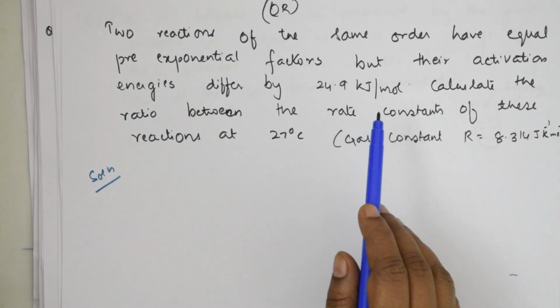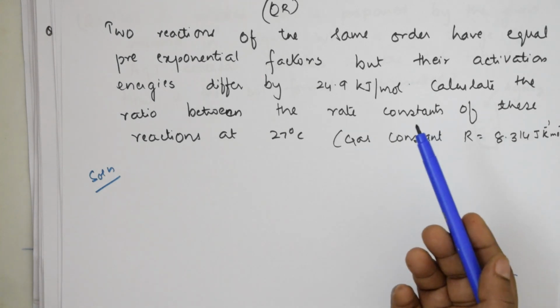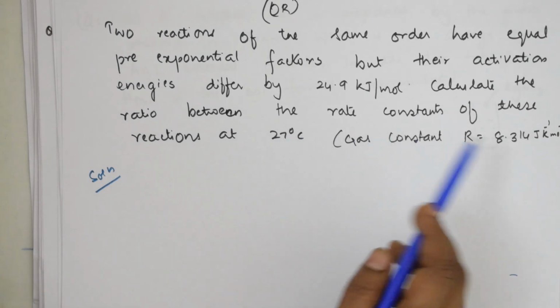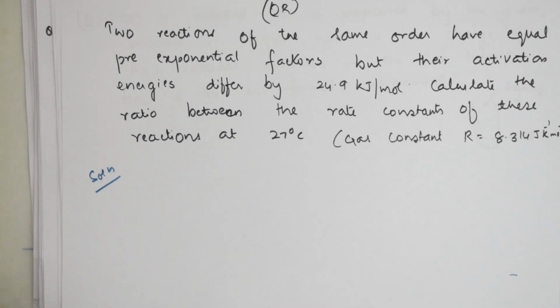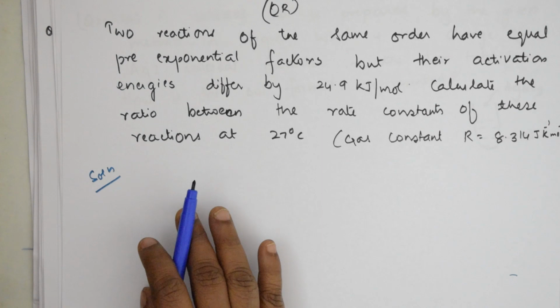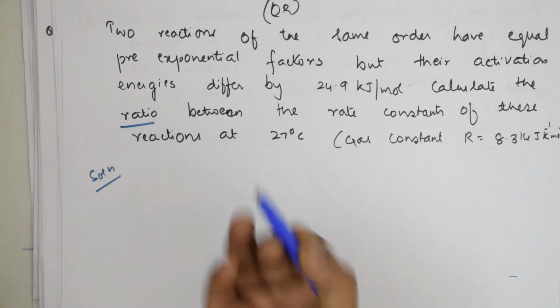Okay, this is basically an Arrhenius equation formula. We speak in terms of activation energy only in the Arrhenius equation, isn't it? So calculate the ratio between the rate constants of these reactions at 27 degrees. Gas constant value is given. Okay, right. So what should I calculate? I have to calculate basically the ratio of K1 by K2.